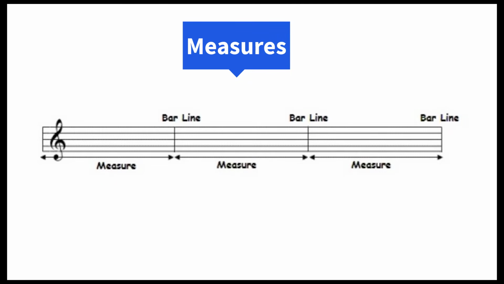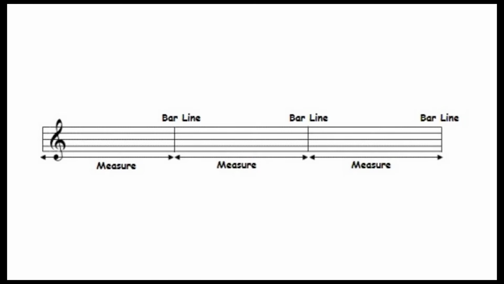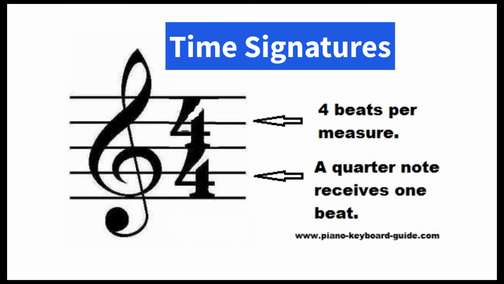Measures. Vertical black bars, called bar lines, divide the staff into measures. A measure is the section of a staff that comes between 2 bar lines. Time signatures.